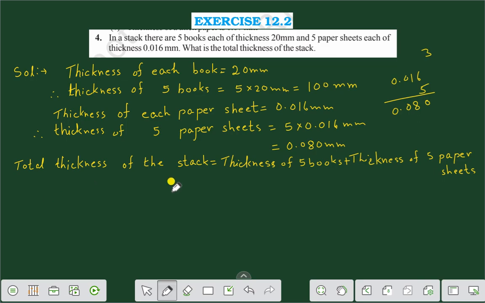That is equal to thickness of 5 books, 100, plus thickness of 5 paper sheets, that is equal to 0.080 millimeter.